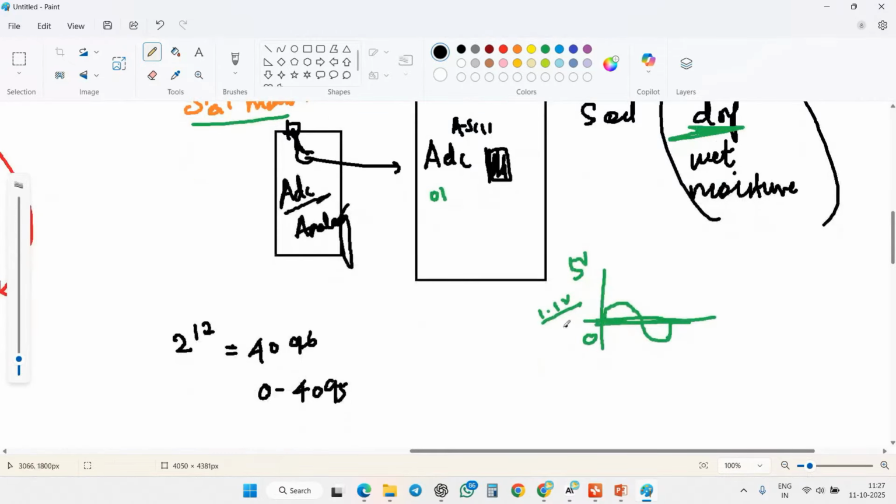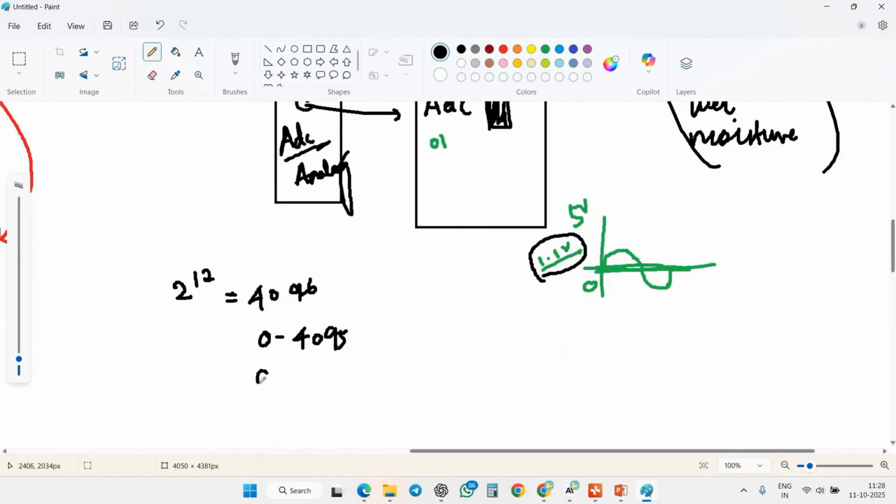Because the maximum range is 0 to 5 volt, it simply considers 0 to 5 volt as matching 0 to 4095, and it maps your value. What is the value of 1.1 volt?